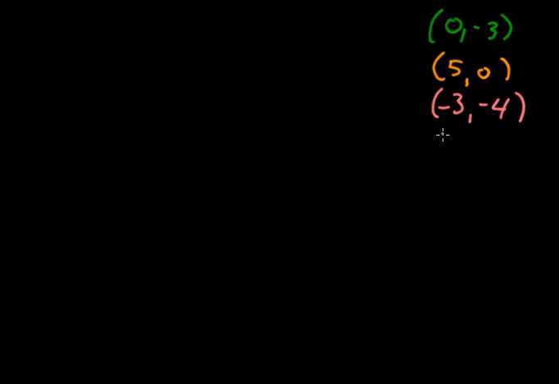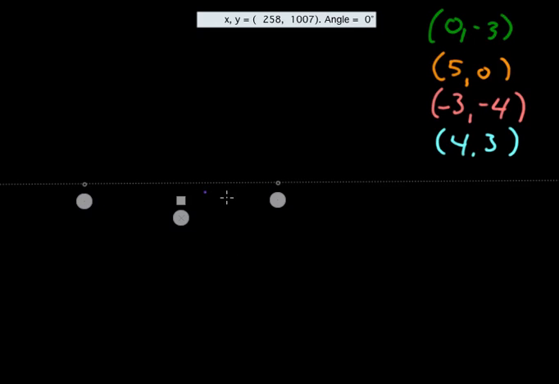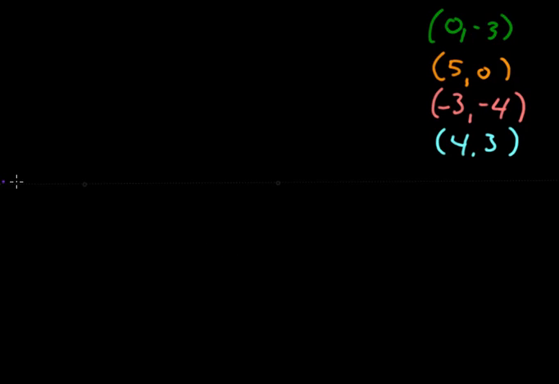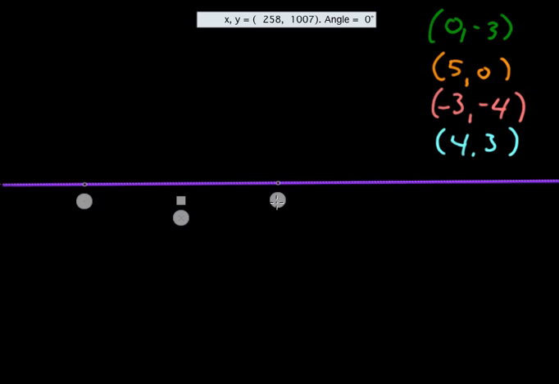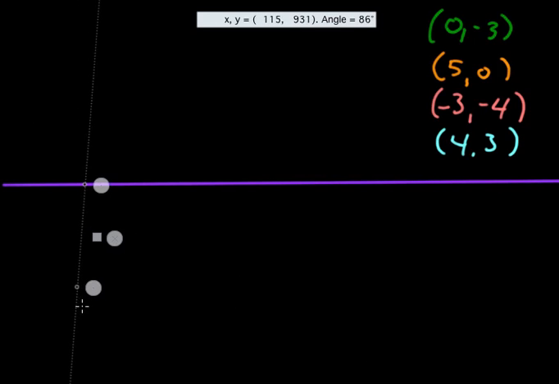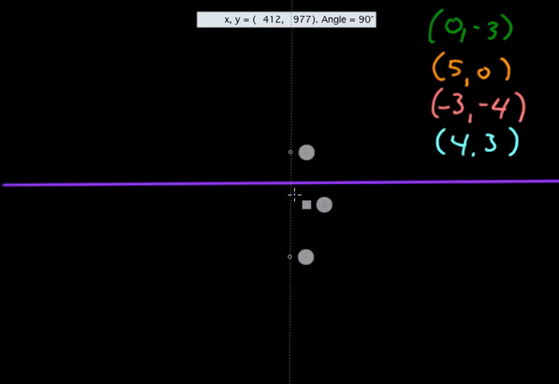And 4, comma, 3 will be my bluish point. So let me draw an axis on here in purple. Get my ruler out. There's my ruler. I'm flat. So I'll draw my x-axis first. Put my y-axis in here.